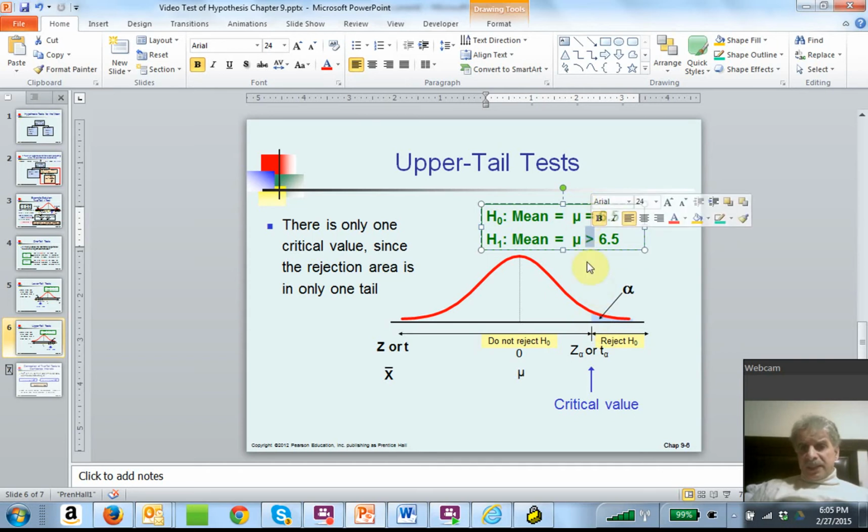Anything more than this particular value would be in the rejection region, while my non-rejection region would be on the other side. I know test of hypothesis generally is a very confusing topic, but a few hints in this regard are helpful.